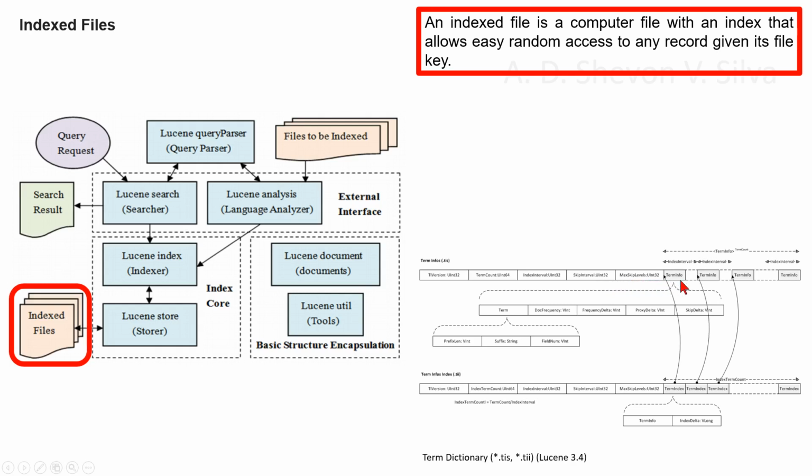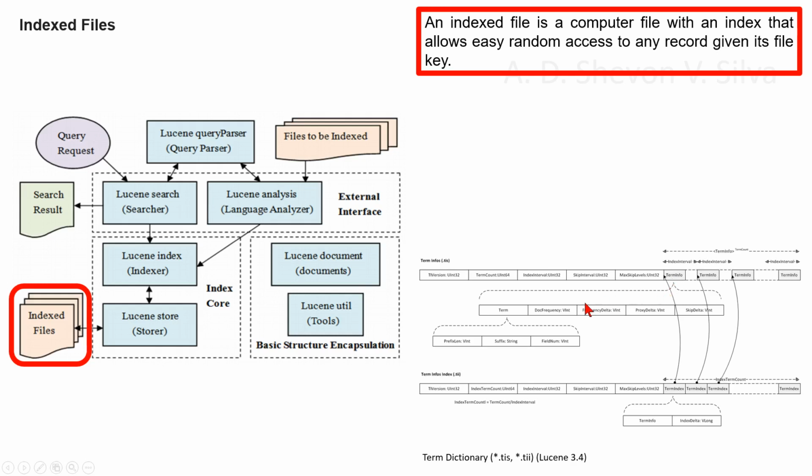Here term info, and then after a gap, term infos there. Here index intervals, one index interval here and then another index interval. Here this is an index interval. Here term infos, term count.